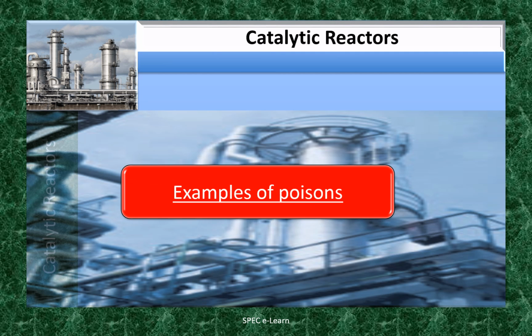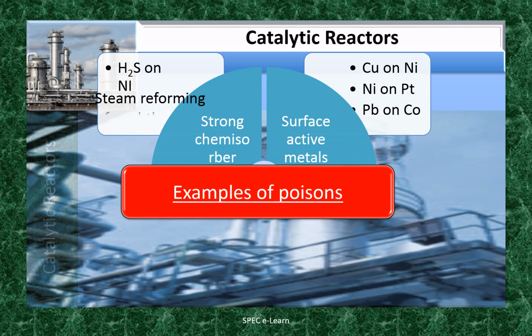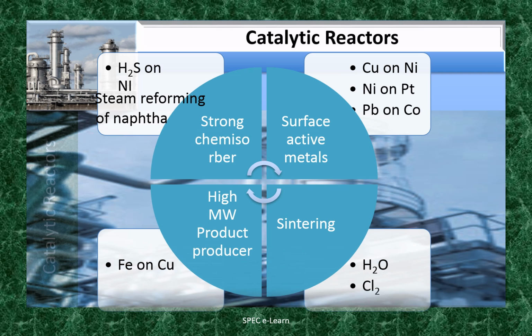Here you can find some examples of poisons. Gaseous poisons include hydrogen sulfide. Metal poisons include copper and iron. Shown in this figure are the poisons and the catalysts susceptible to attack by these poisons. H2S is strongly chemically adsorbed by nickel and gets poisoned.